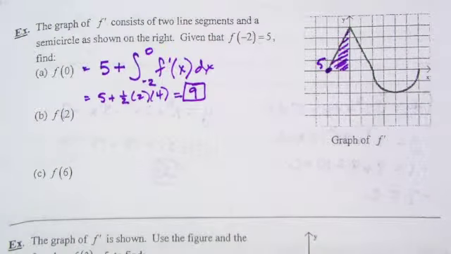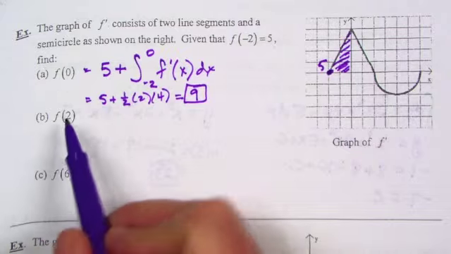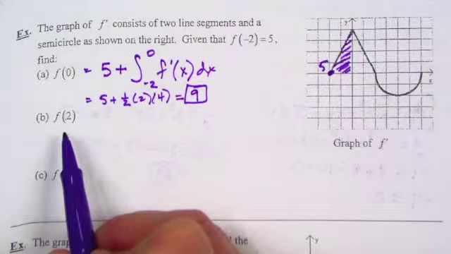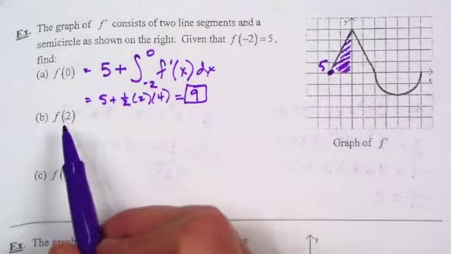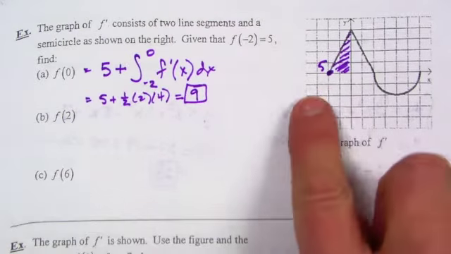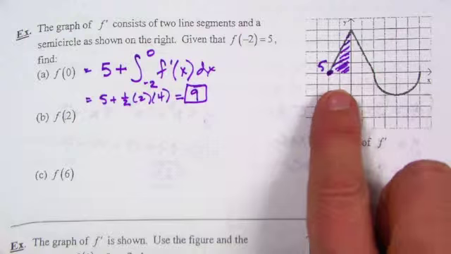So how would you write down how we're going to calculate f of 2? 5 plus 9. You could do 5 plus the integral from negative 2 to 2.